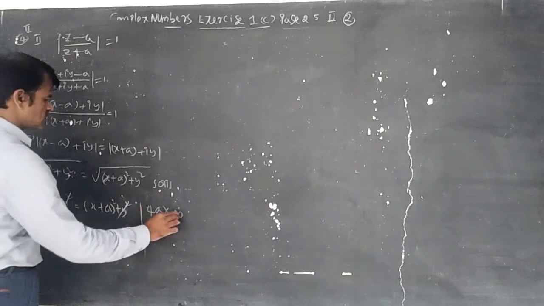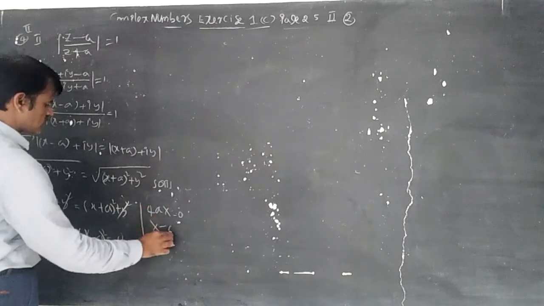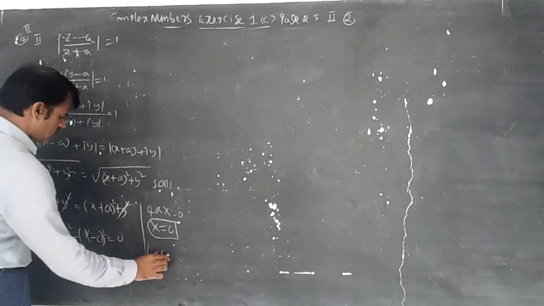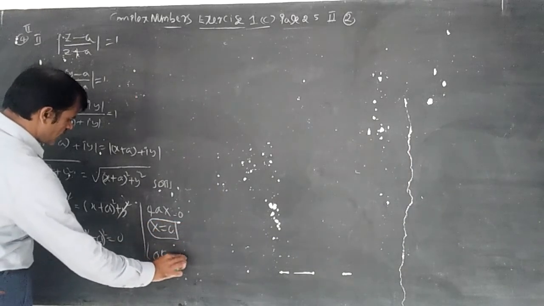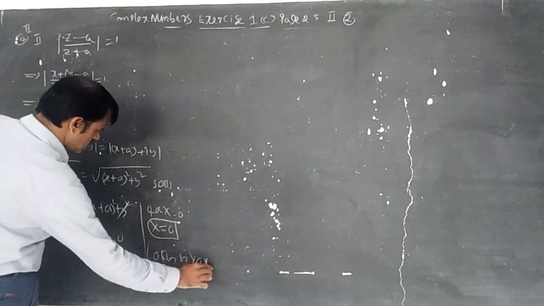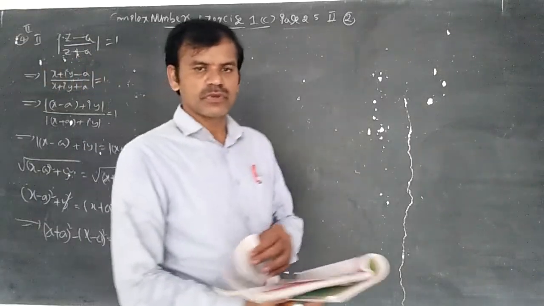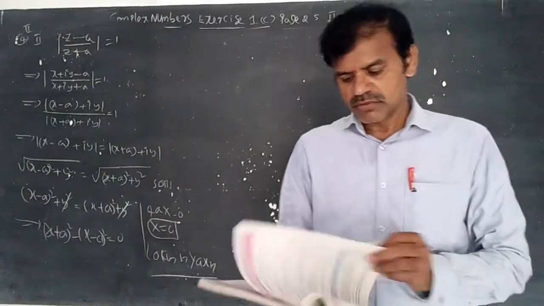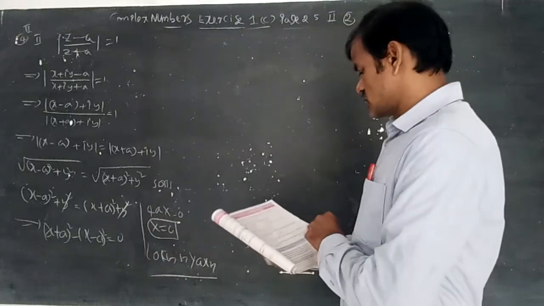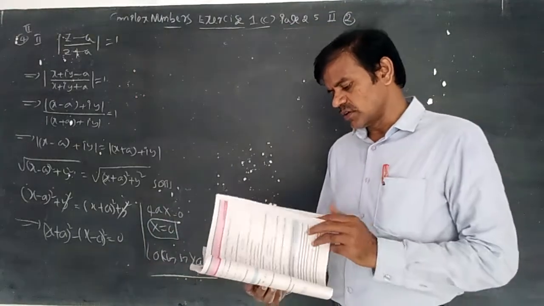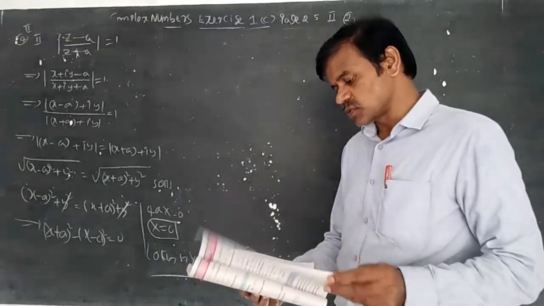So 4ax is equal to 0. Of course, only x is zero, because to get the locus. Locus is simply the y-axis. Locus of such complex numbers is the y-axis. We have successfully completed exercise 1C. Before going to discuss exercise 1D, some examples and some concepts you can learn.